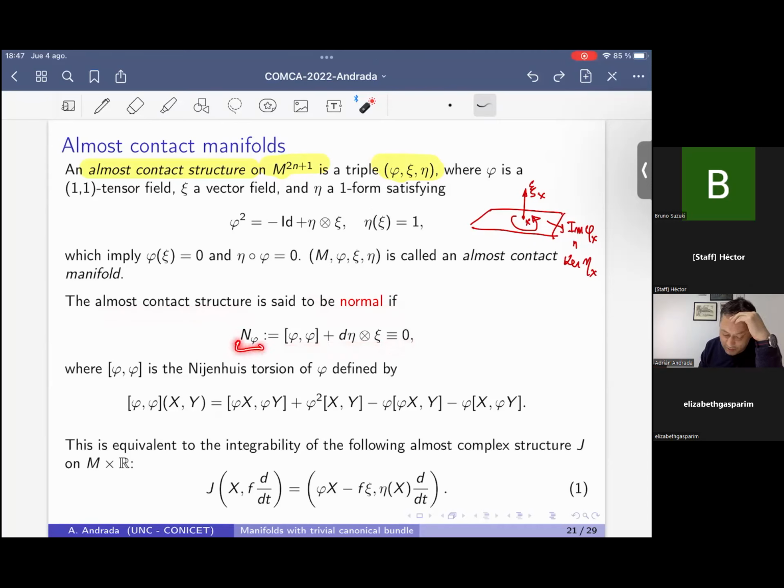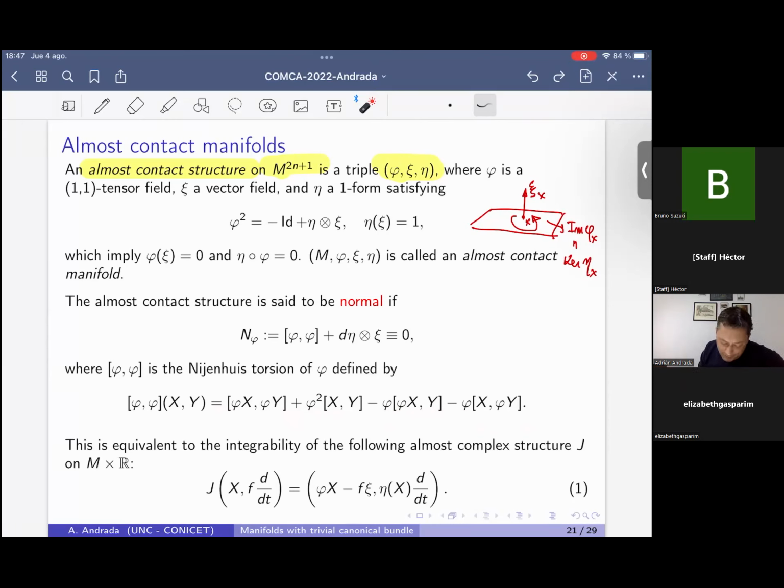This tensor N_phi is given by this bracket of phi with phi plus this term, where this bracket is given by this. This is something similar to the Nijenhuis tensor of a complex structure. And this, in fact, is related to the Nijenhuis tensor of a complex structure.